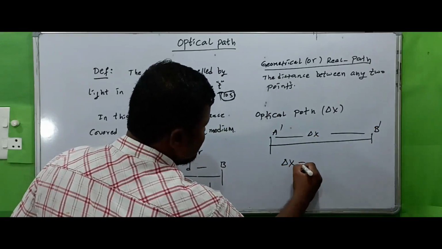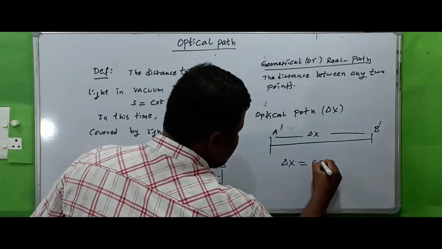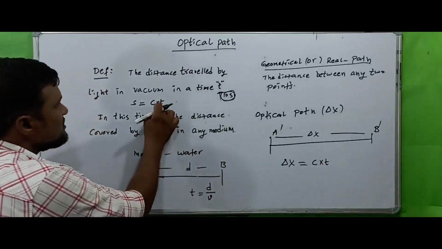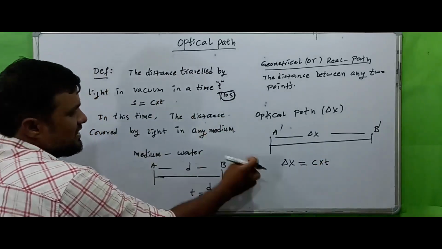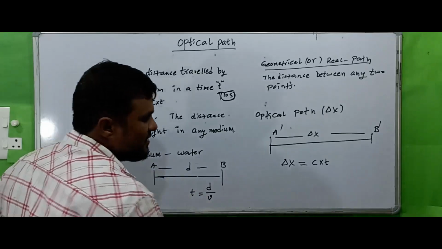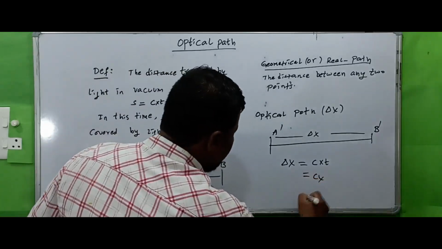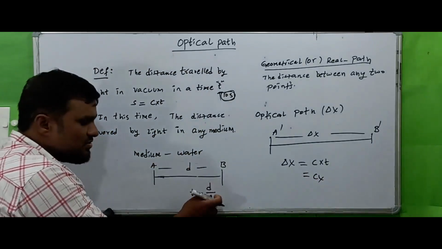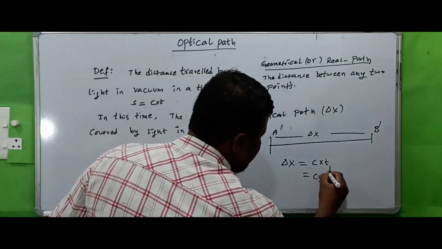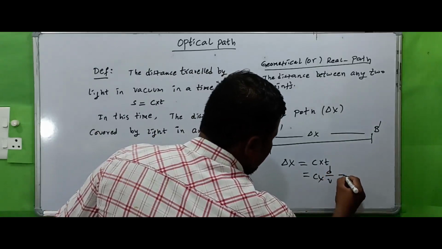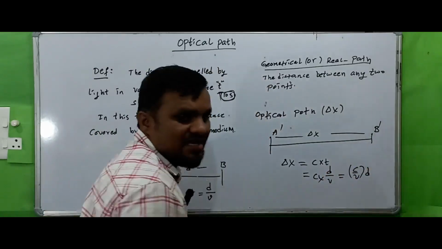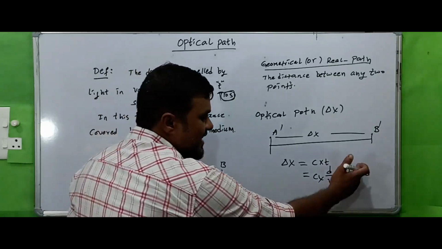Now delta x is equal to, can I write c into t? Yes or no? Why? Because in the same time as in vacuum, delta x is c into t. Now it becomes c into t, where t from the geometrical path is d by v. We can write d by v. From this, c by v into d will come. But I know c by v is nothing but refractive index.